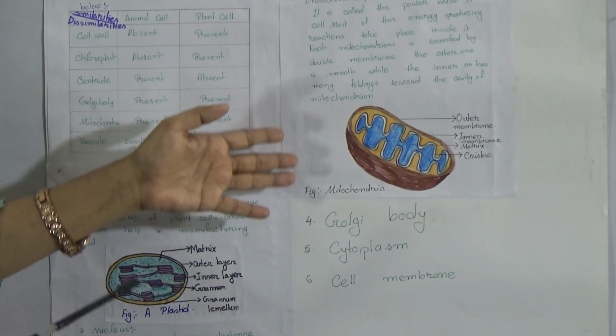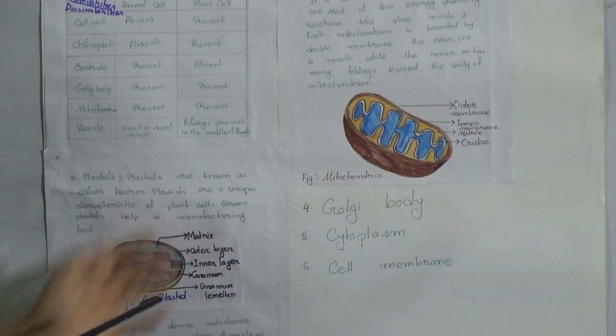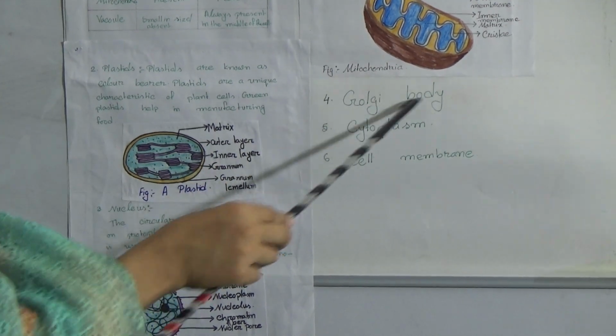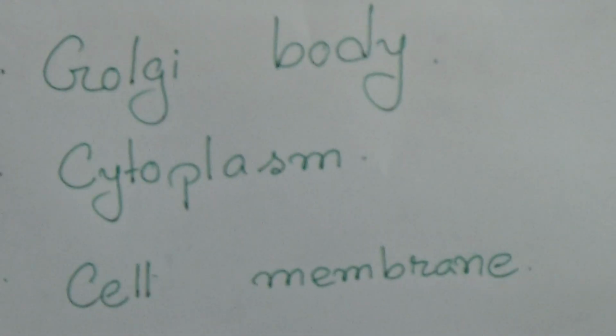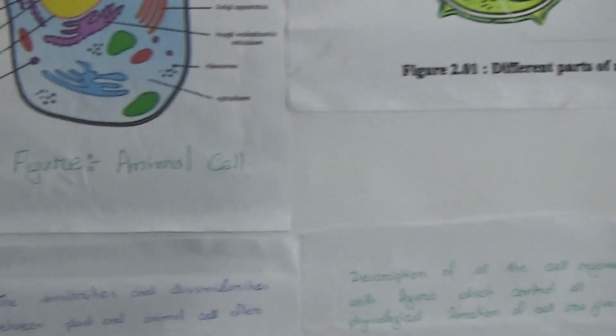For your better understanding I gave the description of 3 organelles: mitochondria, nucleus and plastid. And in both of the cells there are Golgi body, cytoplasm, cell membrane, lysosome, and rough endoplasmic reticulum.